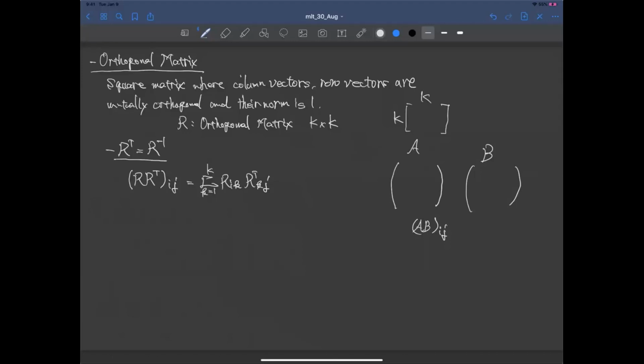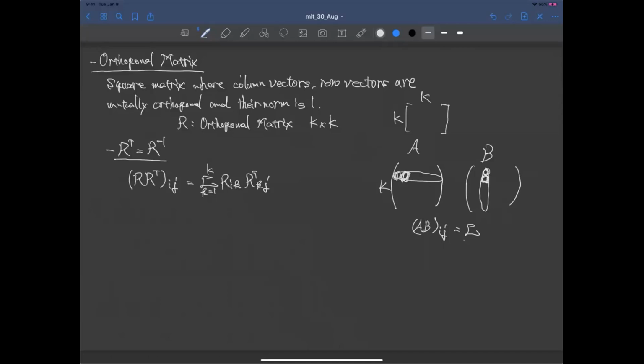If you know how to calculate the product of matrices, this element is multiplied by this element, plus the multiplication of the next two elements, and then they have their summation.